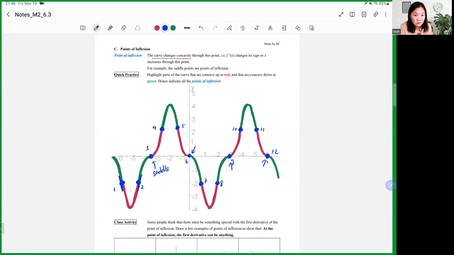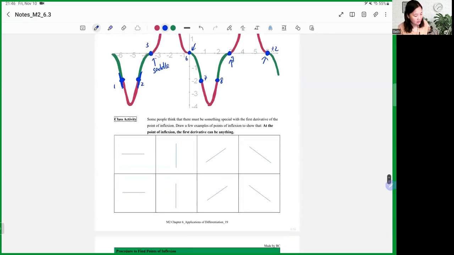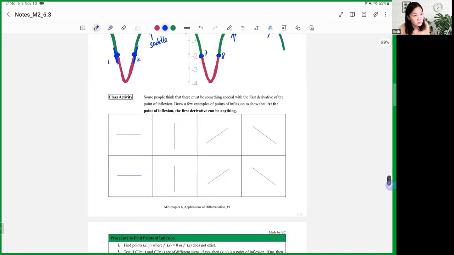So these points of inflection can be different. They can look very different on the curve. So I have this next practice I will do with you, to draw different types of points of inflection as a practice.